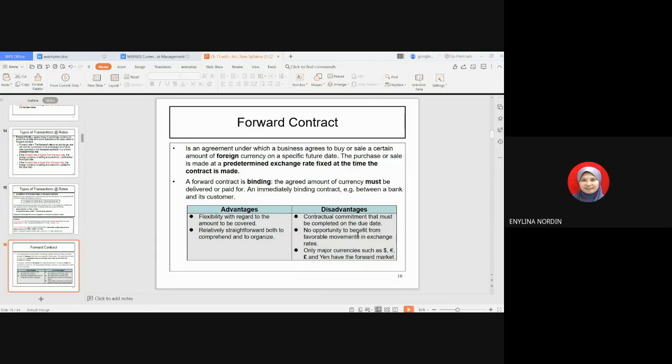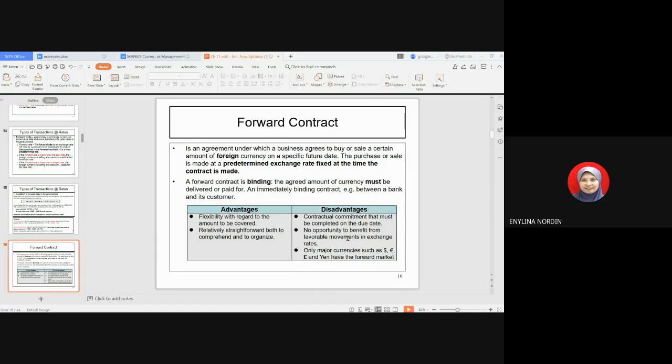Let's say the forward contract here is a 3 month forward contract. So if you don't use this within these 3 months, that means you may lose. After 3 months the contract is no longer valid, in other words.